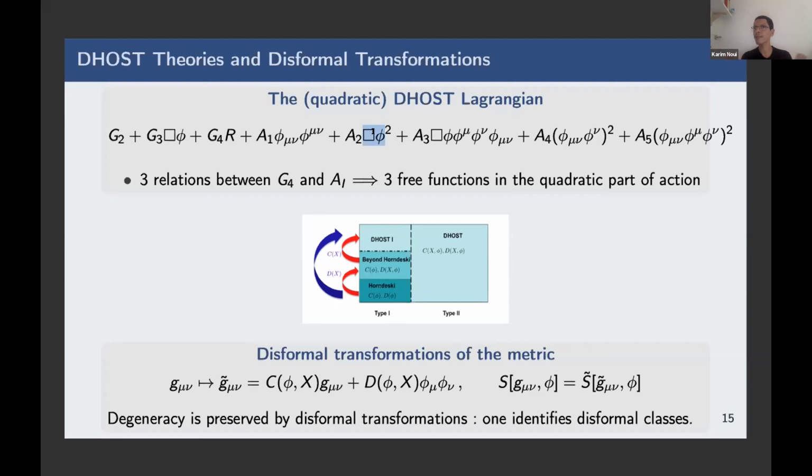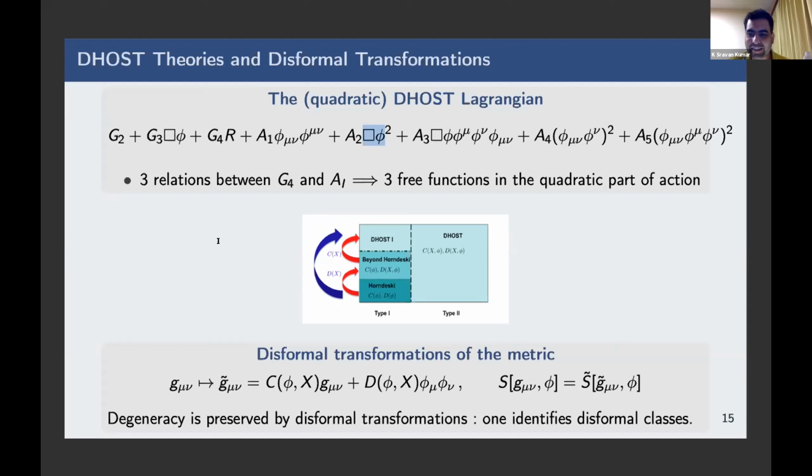But it might be that the dynamics of the perturbations are very similar for DHOST and for non-local theories. This I don't know. And if this is the case, we might have to go beyond the linear level to see a difference between the two theories. But I don't know. Sorry for that.